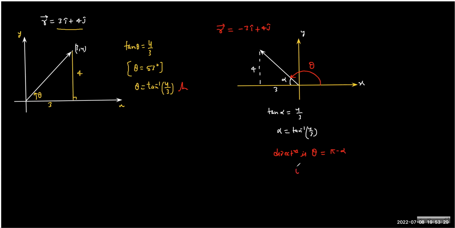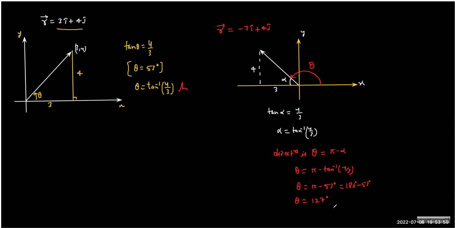Correct. So you can write 180 minus alpha, or pi minus alpha. And alpha, luckily, we know represents 53 degrees. So theta turns into how much? 127, right? So now you know how to represent direction.